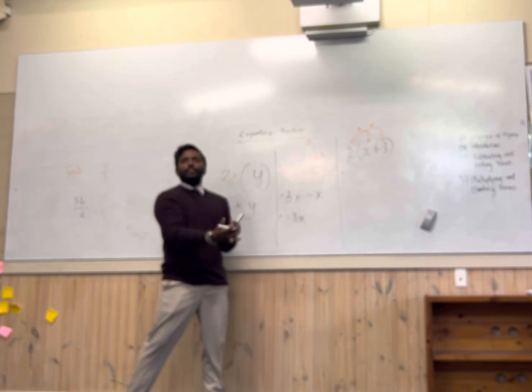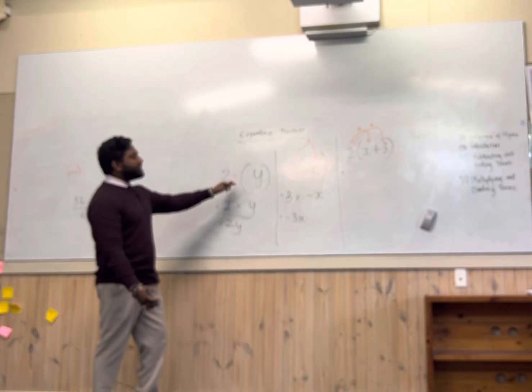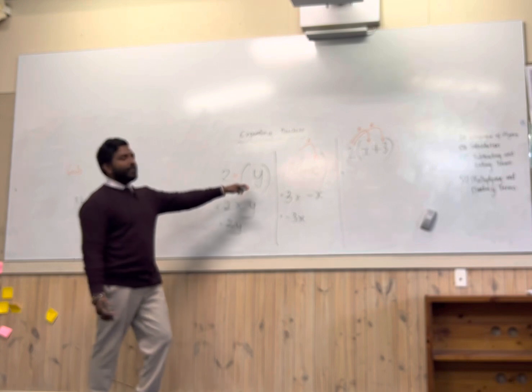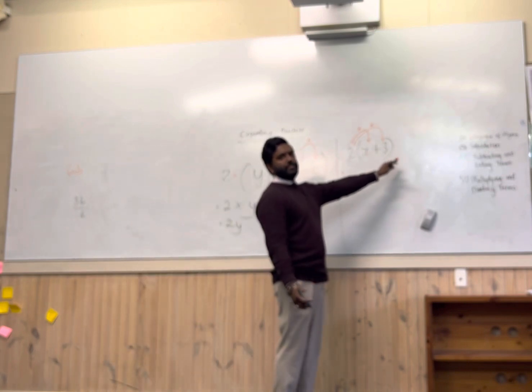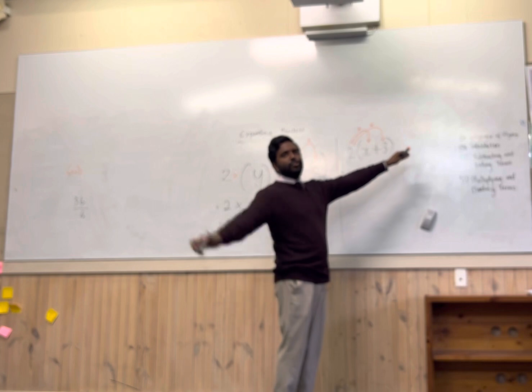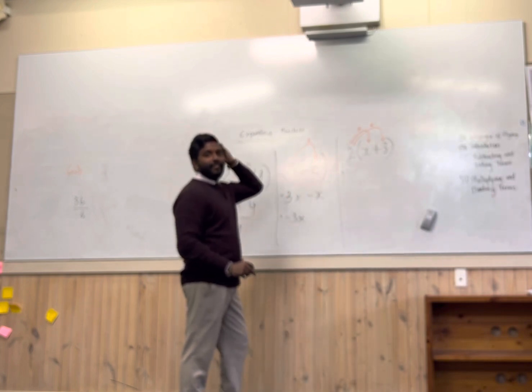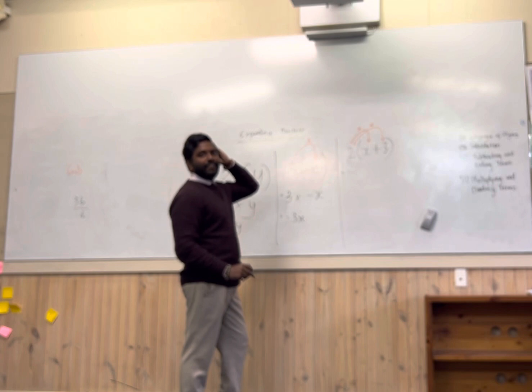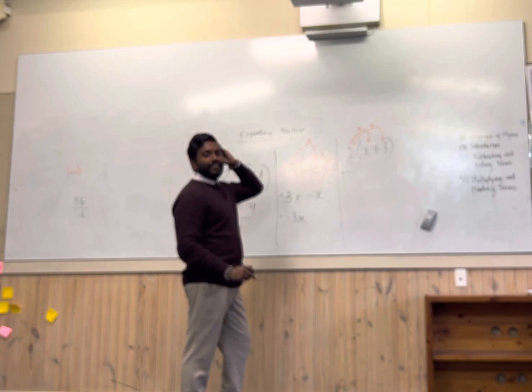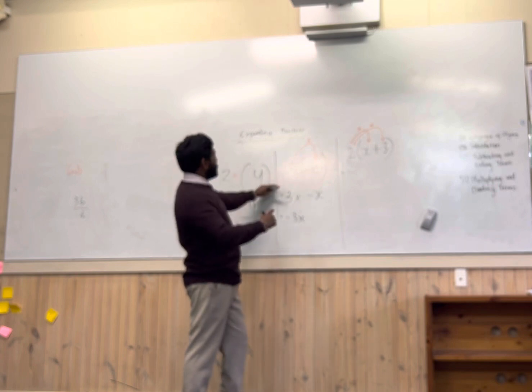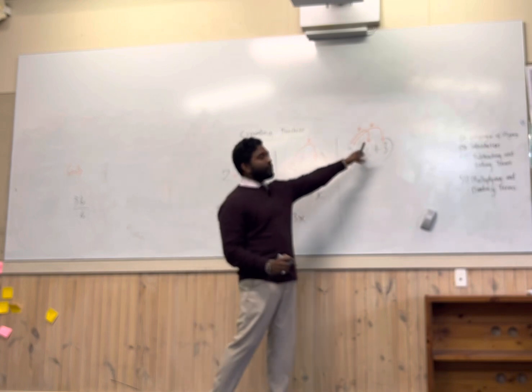Okay, now how do we do this? Like before, Lucas has done 2 times y. What are you going to do now, Lucas? How do we write this now? That's okay. So you've done 2 times y, and you've got 2y. Now we've got 2 things in the middle.